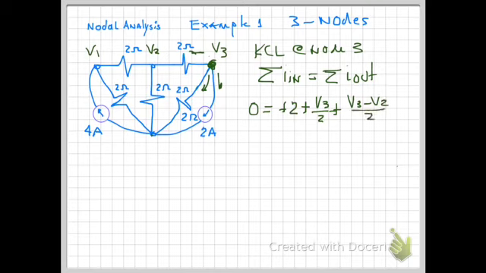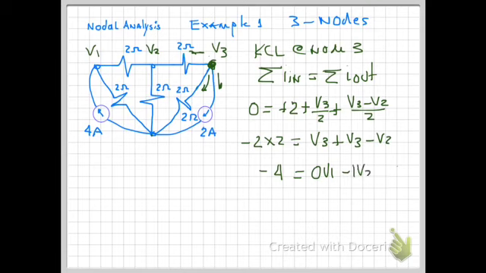We send this 2 to the other side, and we also multiply 2 on the other side, so that we are left with V sub 3 plus V sub 3 minus V sub 2. And finally, this is 4 equal to 0 V sub 1 minus 1 V sub 2 plus 2 V sub 3. And this is our equation number 3.